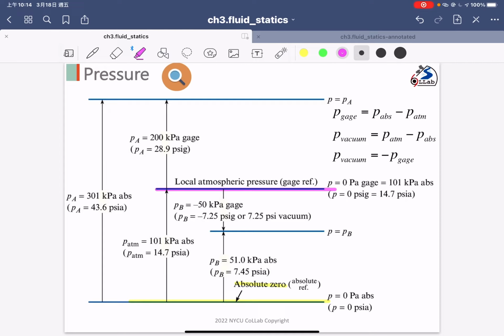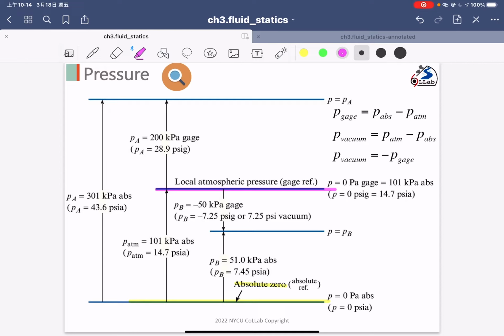And if you change it to the PSI unit, you will use PSIA. The A indicates the absolute. If you use kPa, you will have the ABS on later. Okay, so the number shown here is absolute pressure.